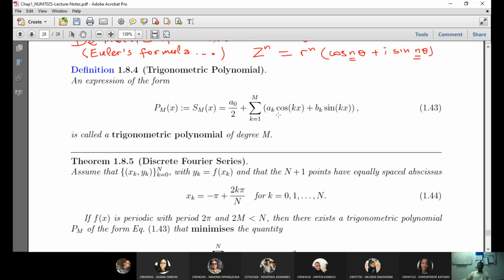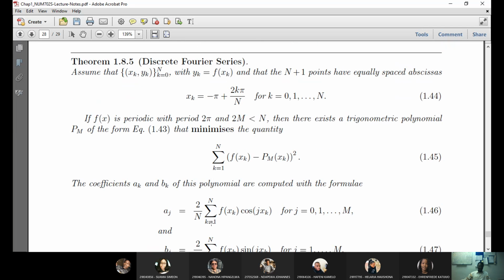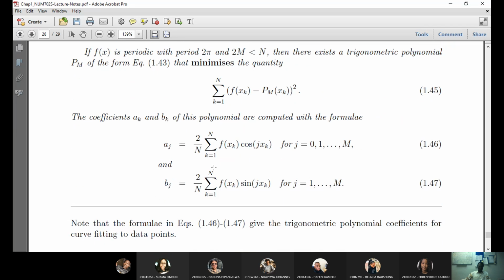We know already from the previous section how our a_k and b_k will be written. We know the expression from the previous section. So this is exactly the coefficient. They are given by this formula. And that's our theorem.